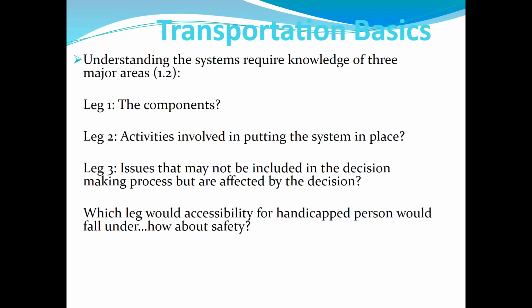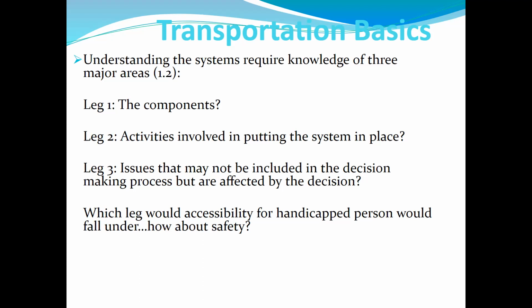Now that you've had a chance to think about what those components might be, if you thought about vehicles, roads, parking areas, or airport terminals, those are basically the components of the transportation systems. And obviously, these components are designed by different engineers and planners.